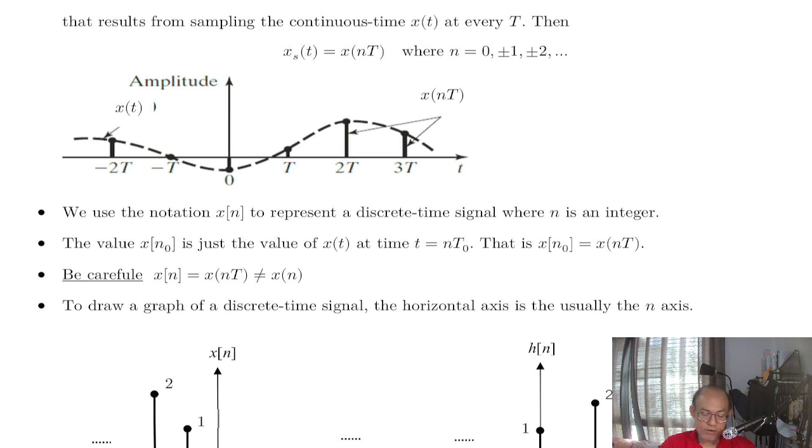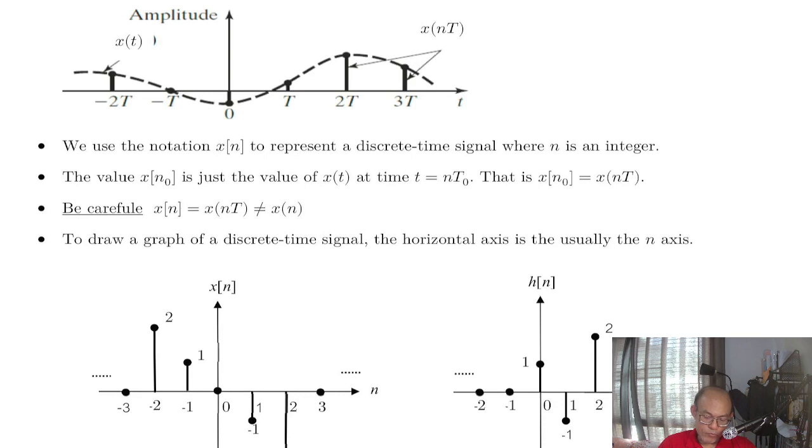We're not interested in the particular time. We're just interested in the order of the samples. In other words, we are only interested in the integer value n that represents the order of the samples.